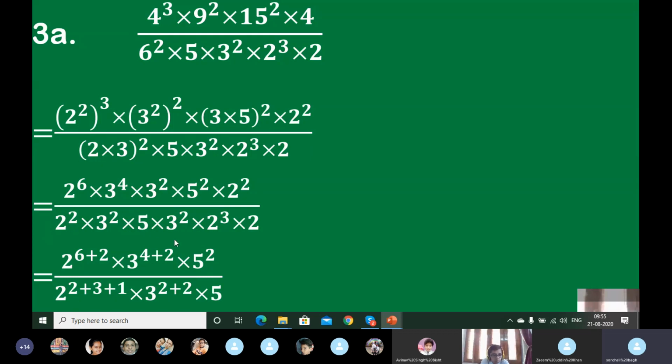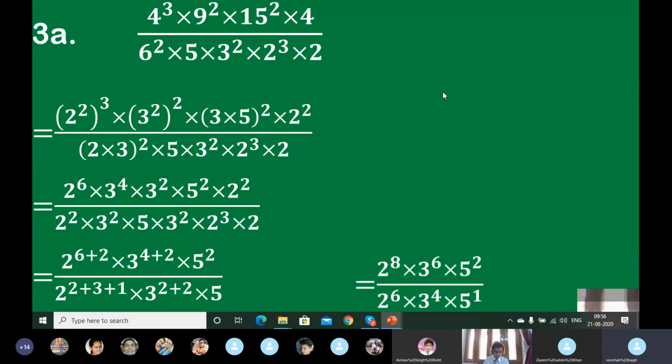Similarly, in the denominator case also, we assembled base 2 together and got 2 plus 3 plus 1, because if there is no power that means there is 1. Then assemble base 3 and saw the powers 2 plus 2, and 5 was itself. So you can see all the numbers are copied and all the powers are added.